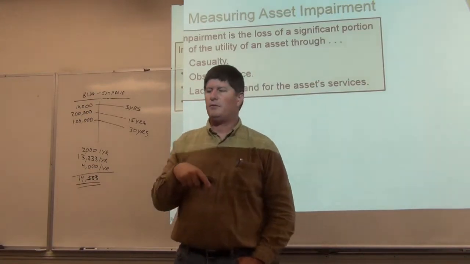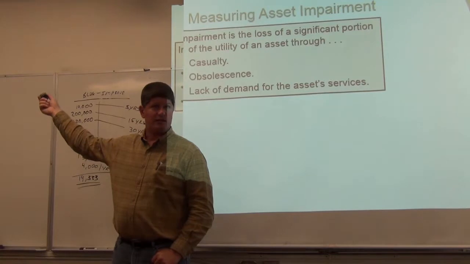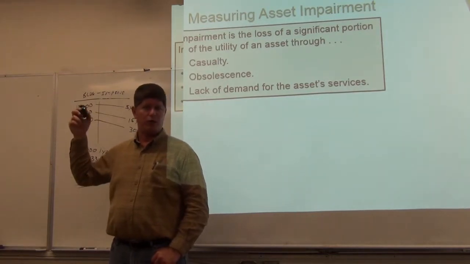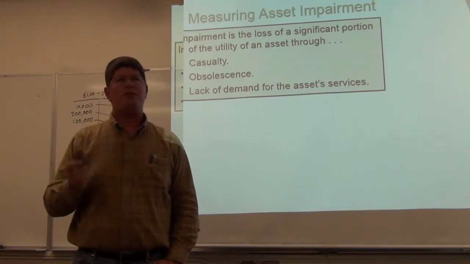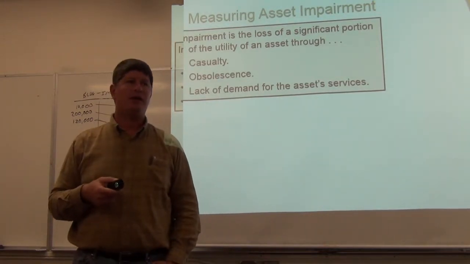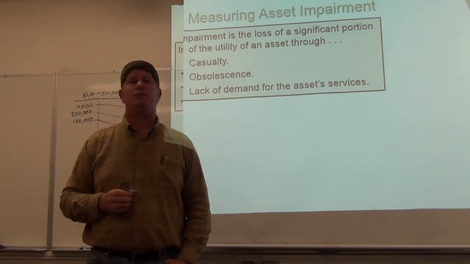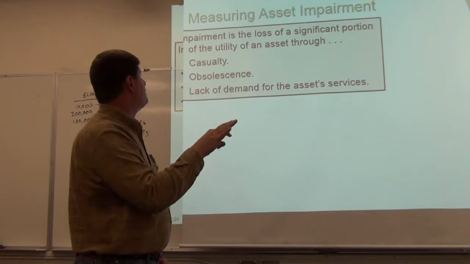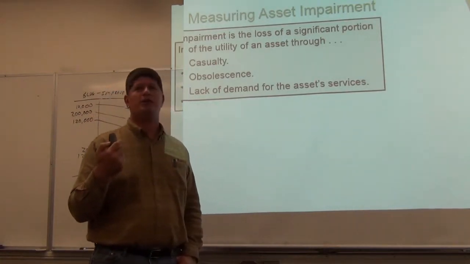We've talked about recording the value of an asset, its original cost, depreciating over its life. There's something called an asset impairment, and you've got to look at your assets every year and determine if they've been impaired. There was a question about this earlier. Let's stick with our truck example.